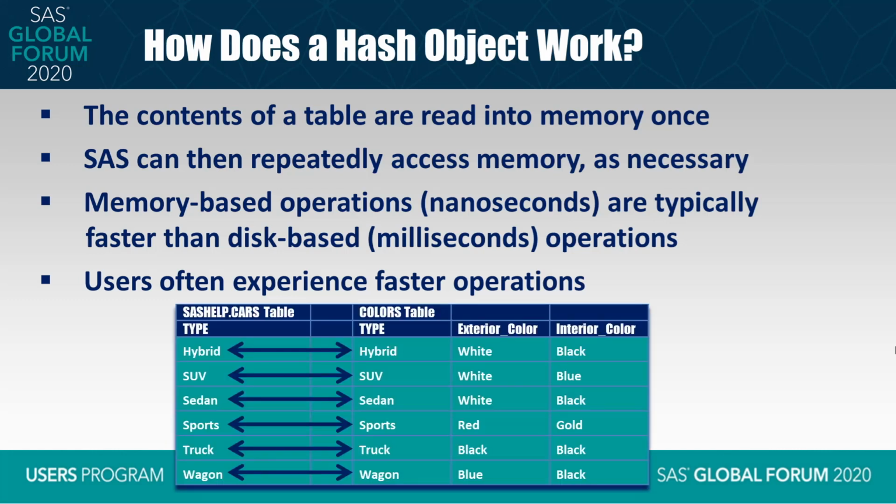Consequently, users experience faster operations. Using the 2 tables, the SAS help.cars and the colors table, we have a key called type on both tables. And we're going to see later on how we can match merge these 2 tables together based upon the key.